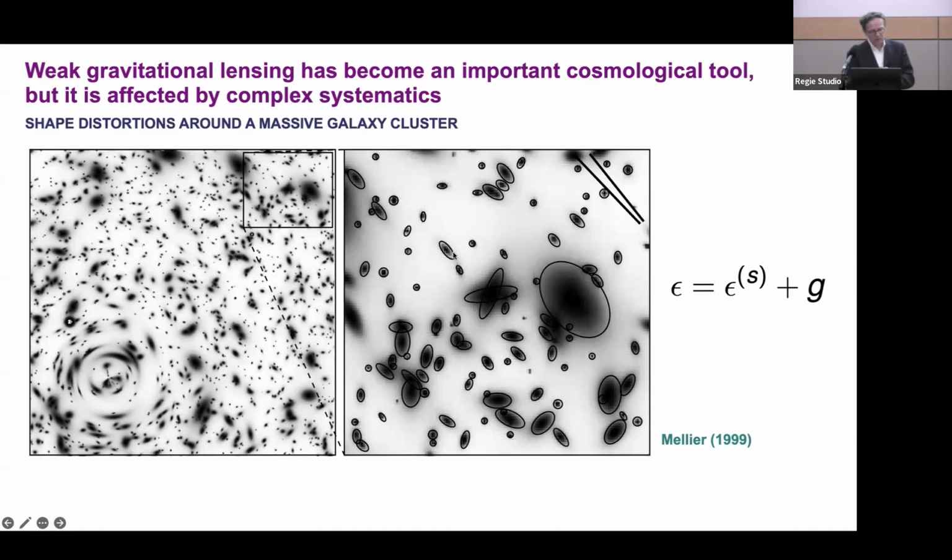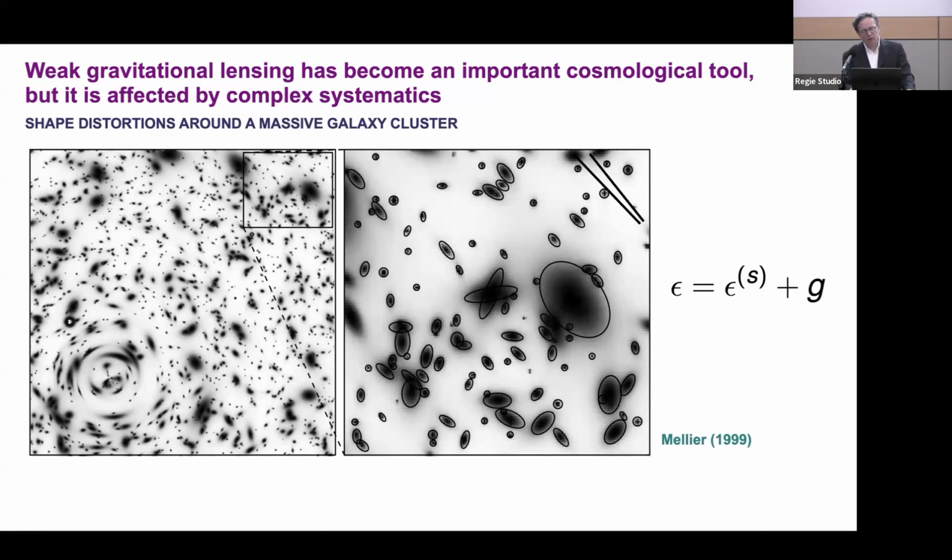Now, the problem is, of course, these galaxies are more or less elliptical in their shape. You see this here in this enlargement. So they have an elliptical shape, which you can define here as source ellipticity. And this source ellipticity is distorted by the gravitational shear from this weak gravitational lensing.